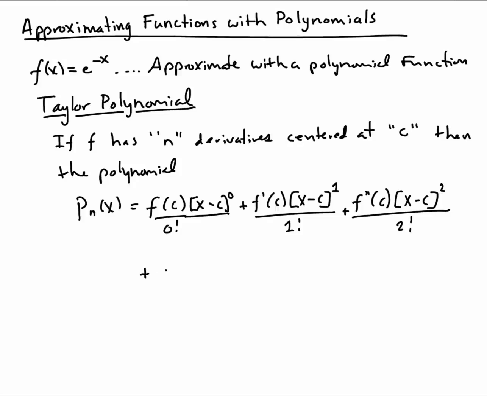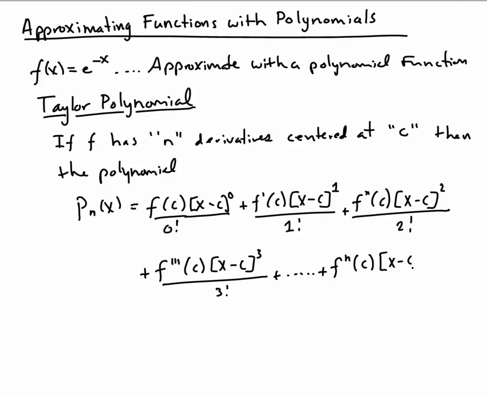This pattern will continue. Here I have my third derivative evaluated at the center, x minus c to the third over 3 factorial. This pattern will continue until I get to my nth derivative: f to the n evaluated at its center, times x minus its center to the nth power over n factorial.